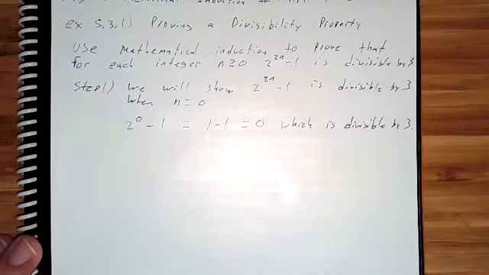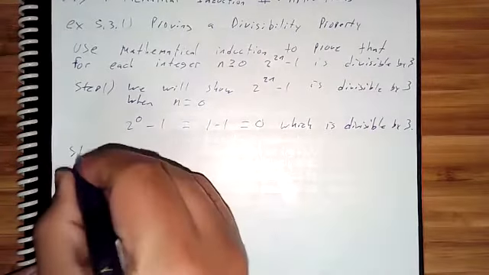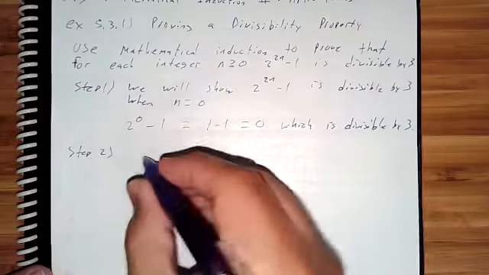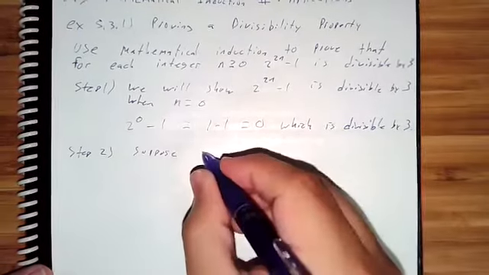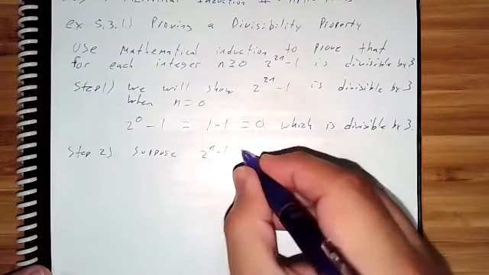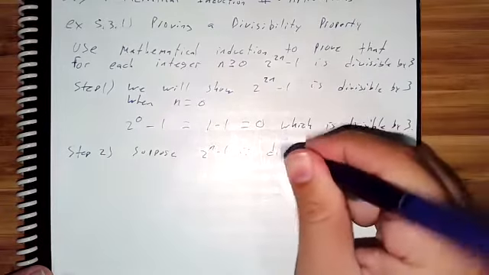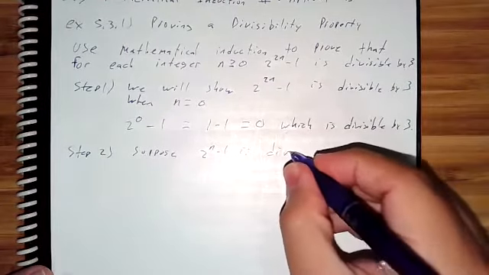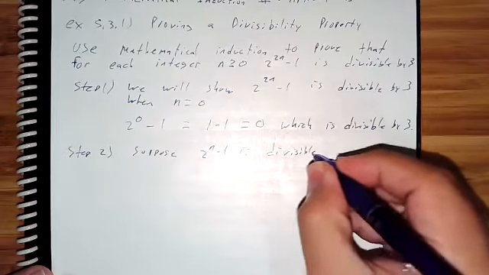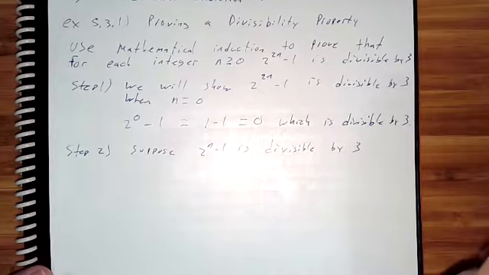And so now we do step 2. All right, step 2. So suppose 2 to the 2n minus 1 is divisible by 3.